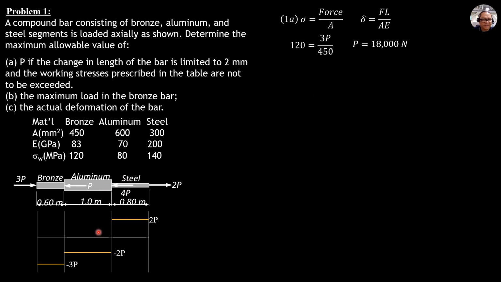For aluminum, it is 2P. The allowed working stress is 80, so 80 equals 2P over the area of the aluminum, which is 600. Solving, P is 24,000 newtons.